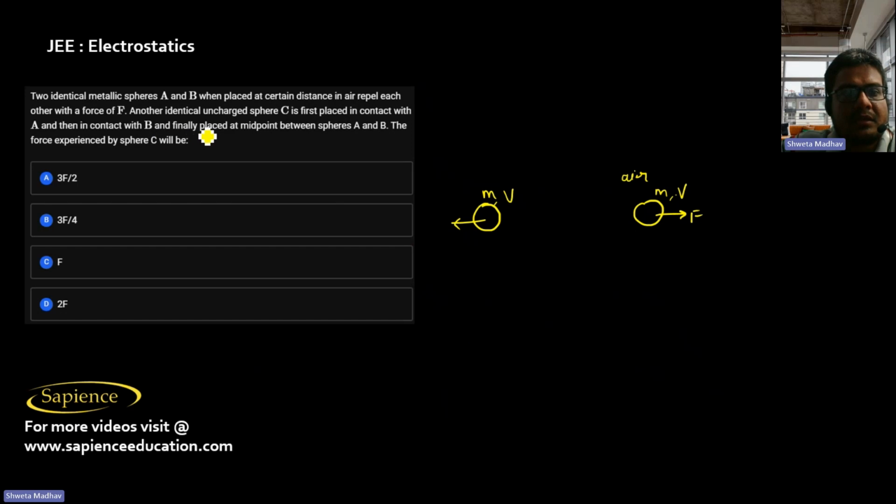Another identical uncharged sphere C is first placed in contact with A, and then in contact with B, and then finally placed at the midpoint between spheres A and B. The force experienced by the sphere C will be.